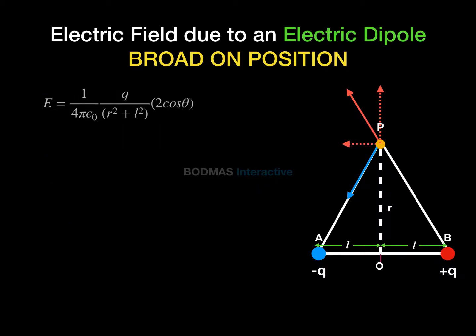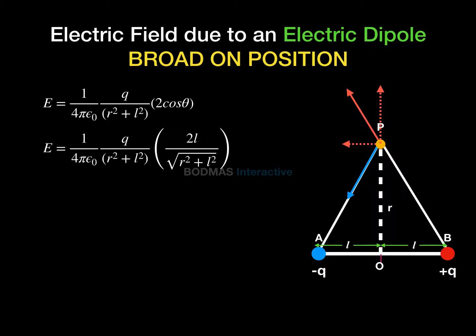Now, let us work out the same situation further. If we put the value of cos theta from the triangle POB, cos theta will be equal to base upon hypotenuse. So, this becomes L over under root r square plus L square.